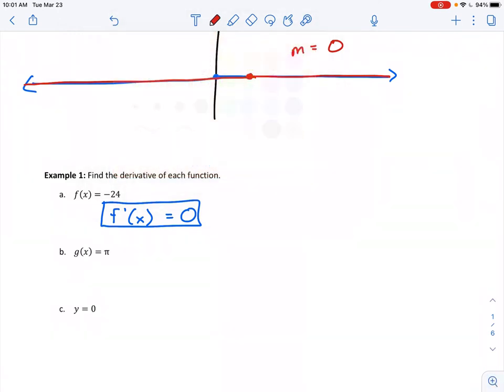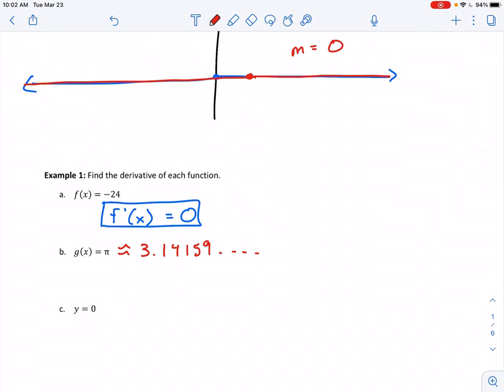Next up, I've got g of x equals pi. Remember that pi, even though it might look like a variable, it looks like that symbol, but remember that pi is 3.14159, and so on. I forget what comes after that, but it's a constant. It's technically a decimal that never ends.